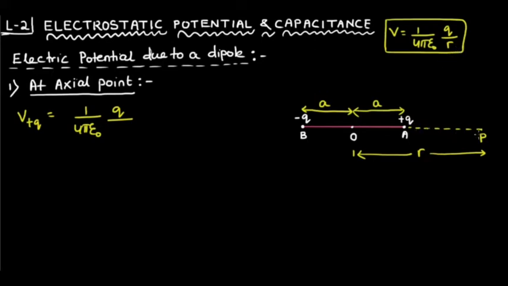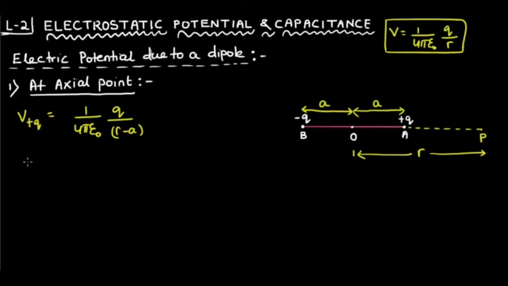So the distance of the point P from this charge plus Q will be R minus A. So you can write R minus A here. So V plus Q is 1 by 4 pi epsilon naught Q by R minus A.